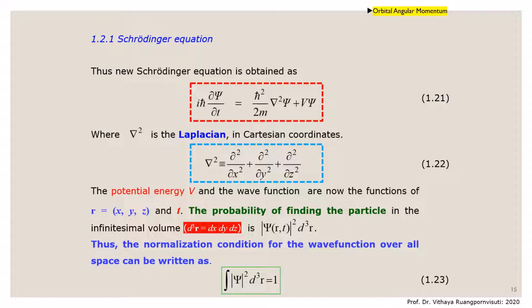Thus, the normalization condition for the wave function over all space can be written as the integration over the absolute square of the wave function d r cubed, which is equal to unity, or 1.